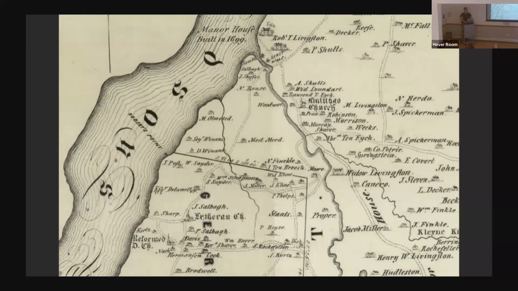The site of that was on 9G. There's a house right on the footprint of that building. The Reformed Church, we don't know exactly where the footprint of that church was, but we have a pretty good idea. It's in the general vicinity of the southern bend of Sharps Landing Road.